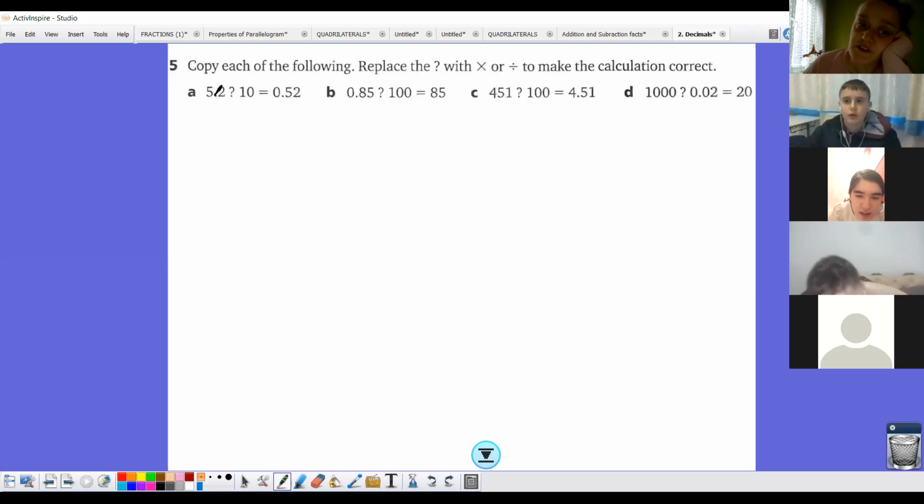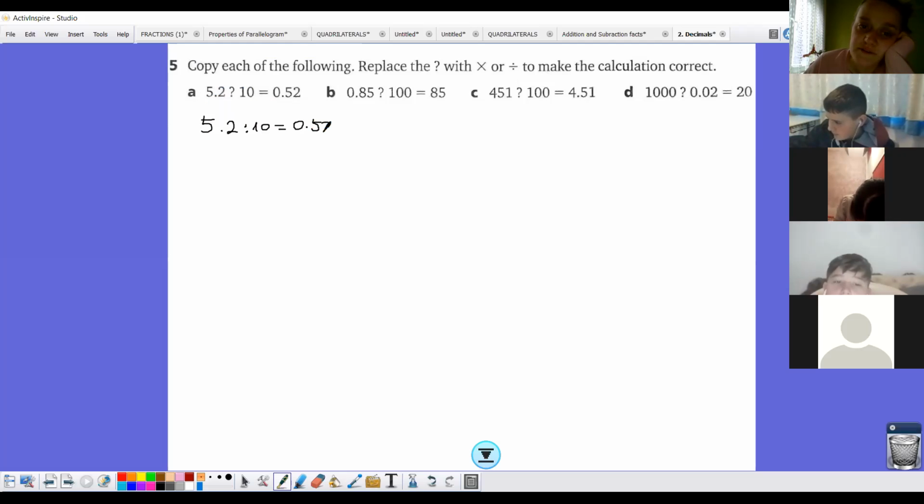Division, because we're going to the left. Because the decimal point is moving backwards 1 place. So we have 5.2 divided by 10 is equal to 0.52. Teacher, shall we write them in the notebook? Yes, yes.